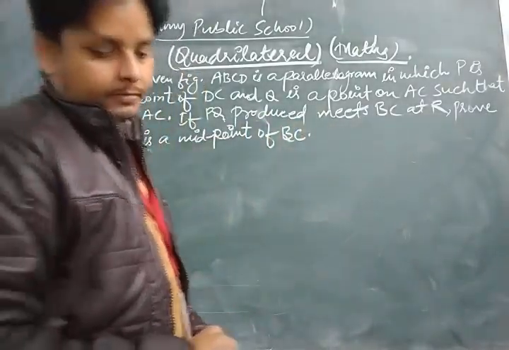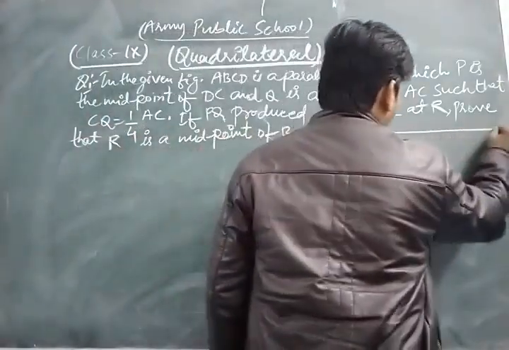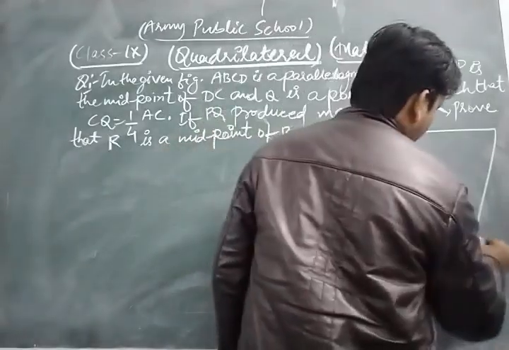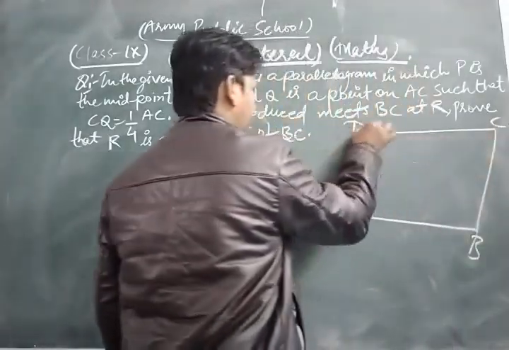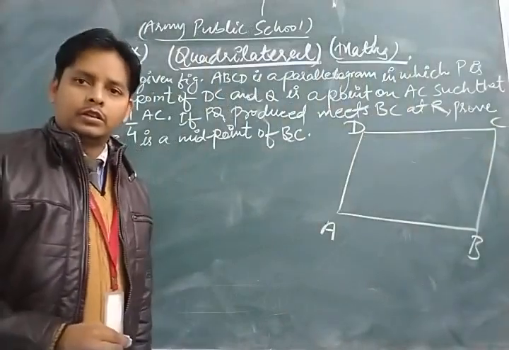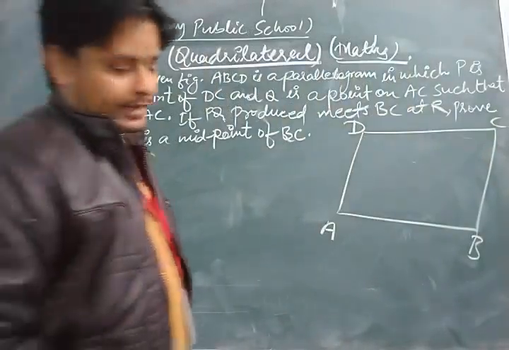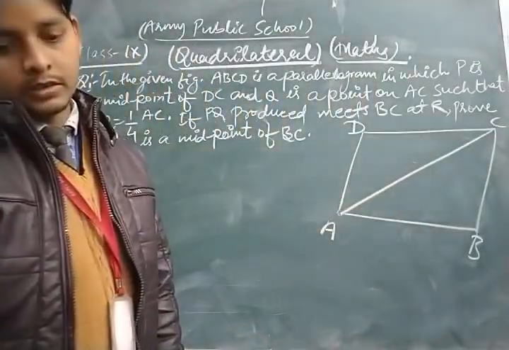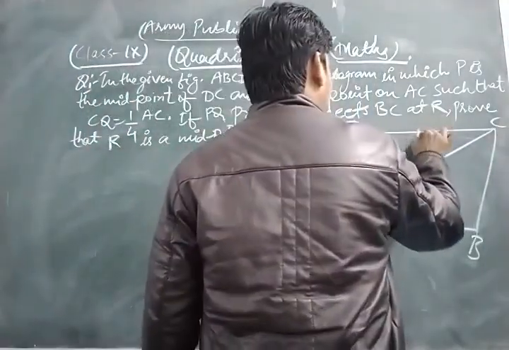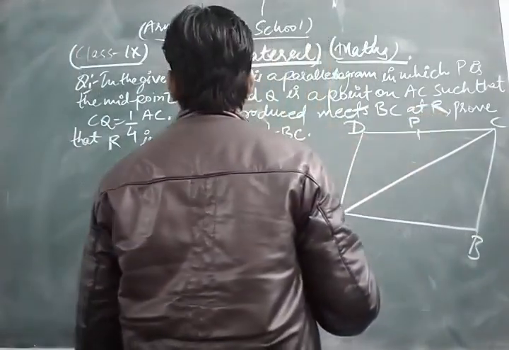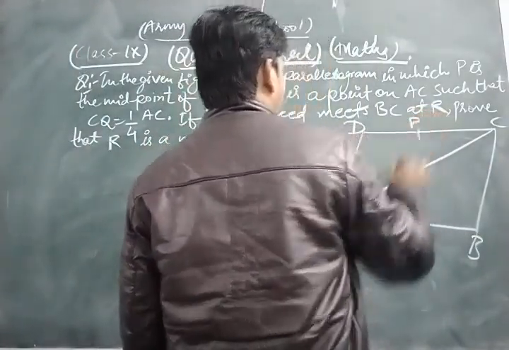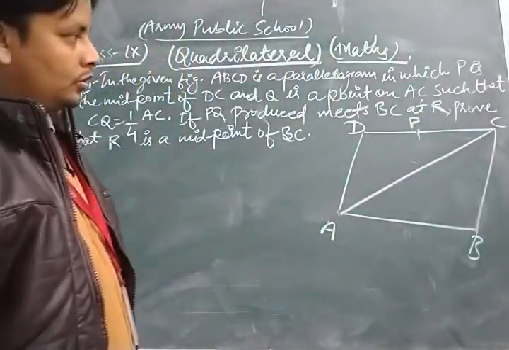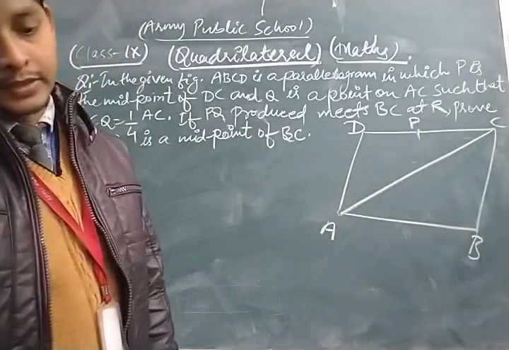Your figure is this: ABCD is a parallelogram, and AC is a diagonal. P is the midpoint of DC, and Q is a point on AC such that CQ is 1 by 4 of AC.